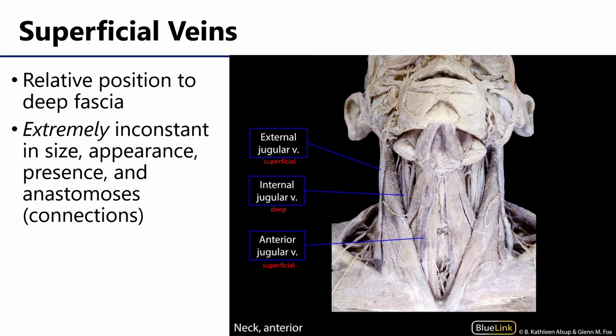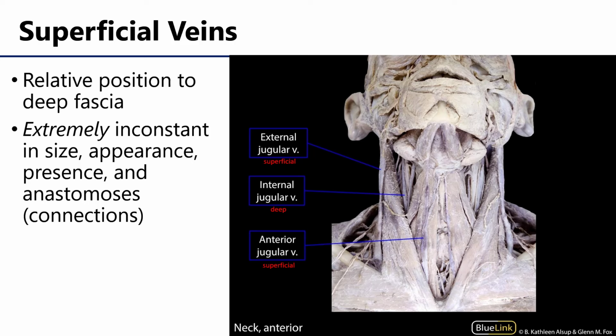It's helpful to understand that veins, out of all of the vasculature, are some of the most inconstant or inconsistent elements. What that means is that sometimes their absence or presence is variable. Their pathways are variable. Their anastomoses, or their connections, are also variable.